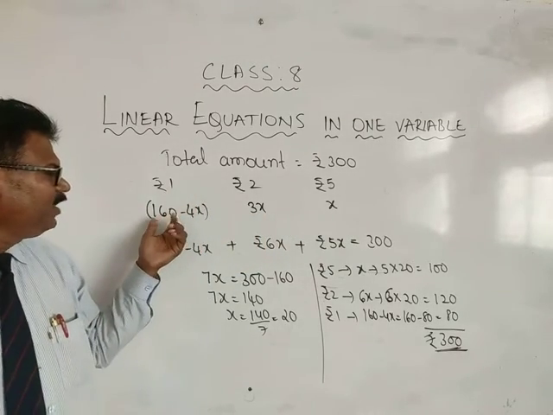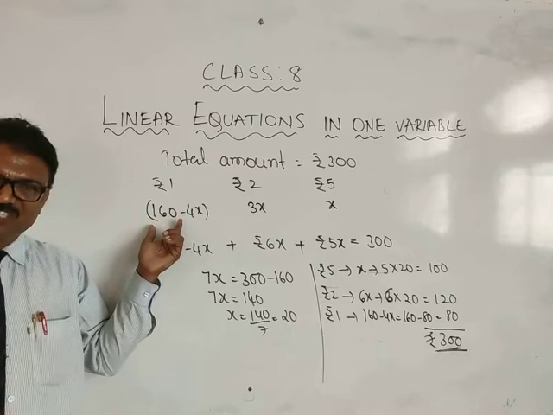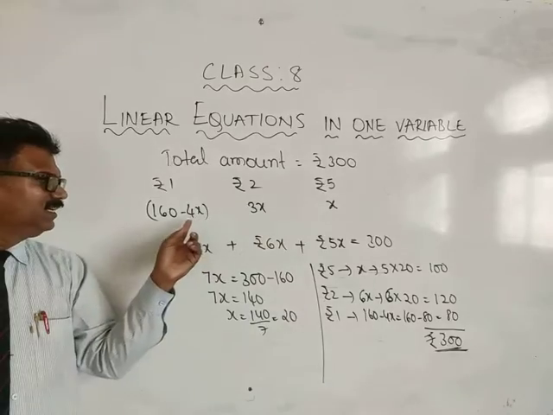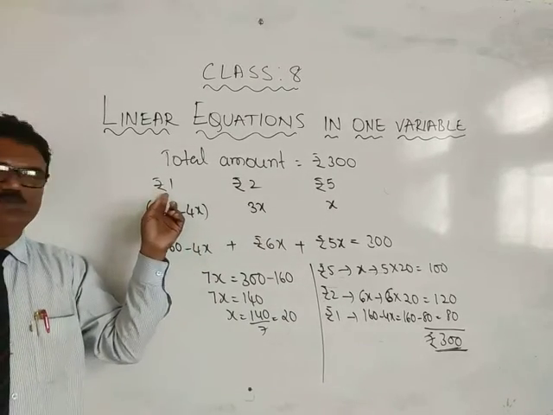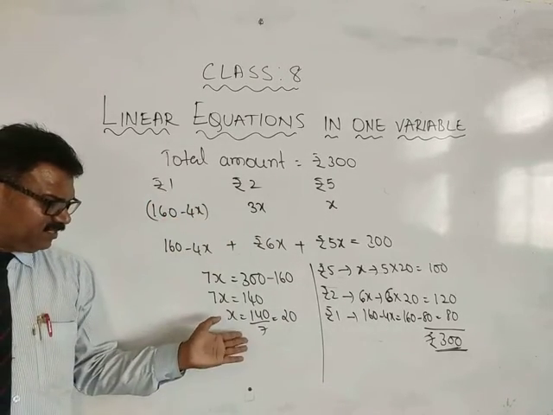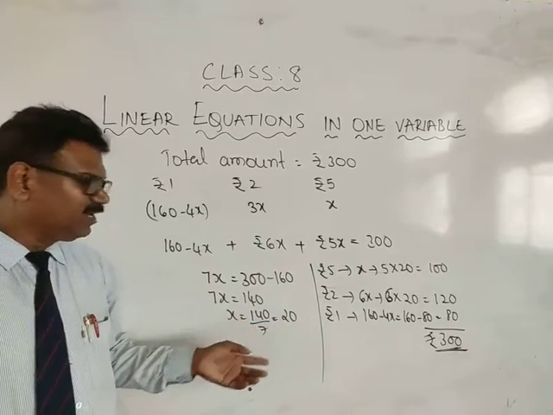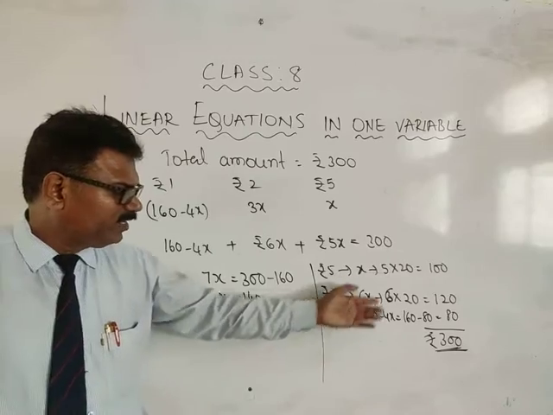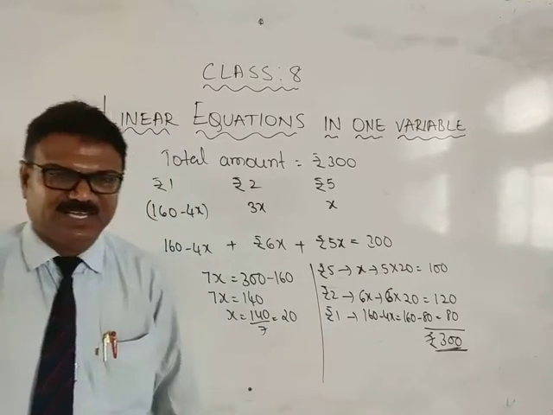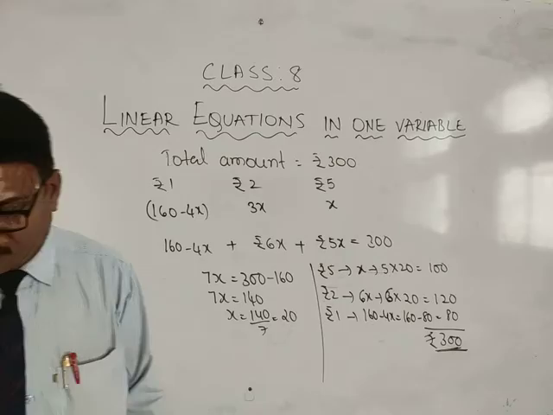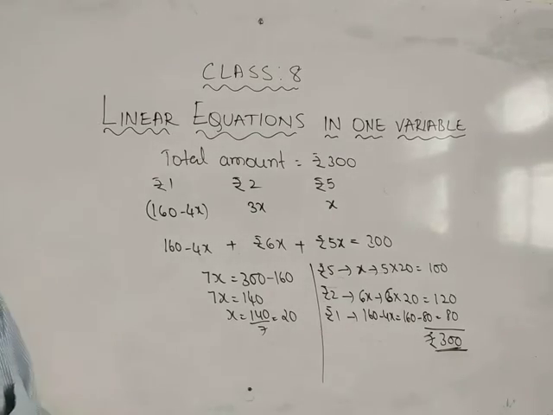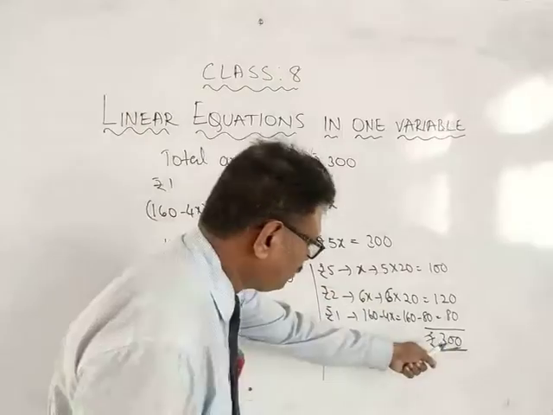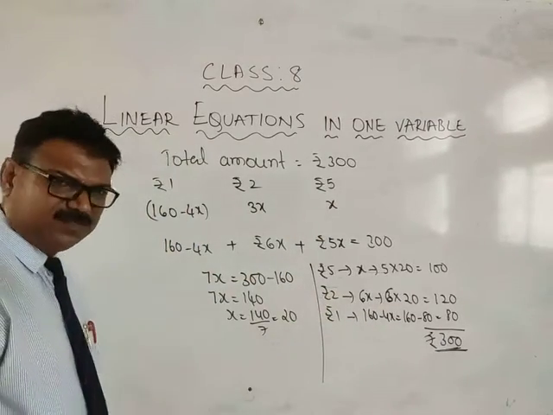Total number of coins are 160, therefore 160 minus 3x plus x, that is minus 4x. Remaining are 1 rupee. So if you do like this, you will get 20 coins. Therefore, 5 rupees coins, 2 rupees coins and 1 rupee coins, if you do total, you will get 300. Okay? This clarification is for your sake only. No need to do this. Only do till here.